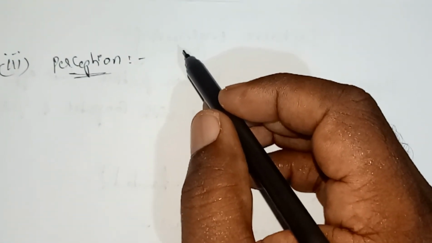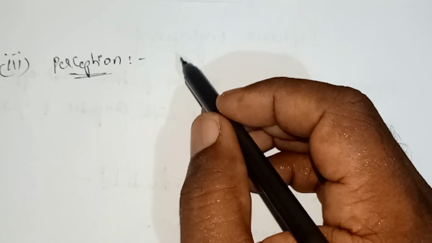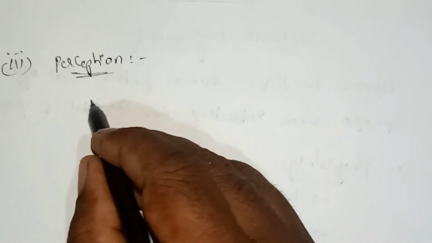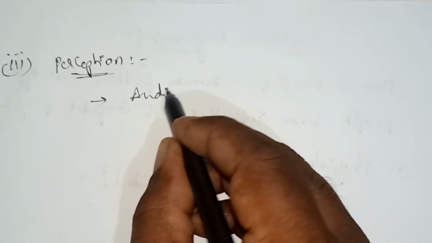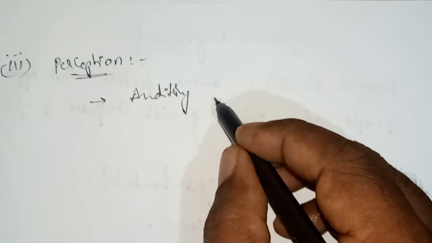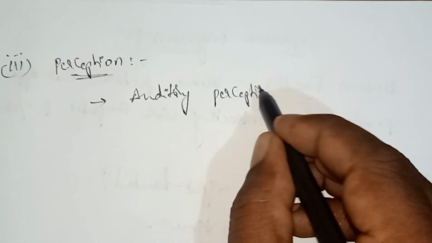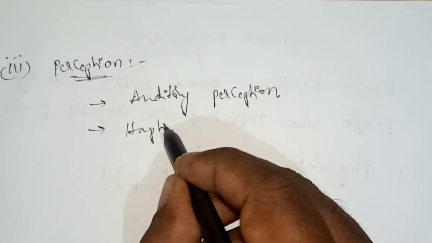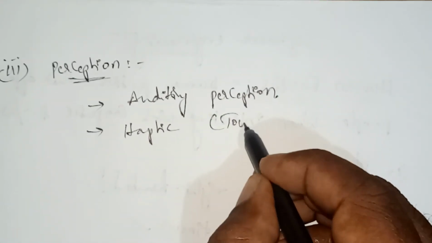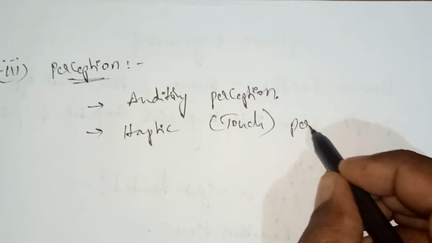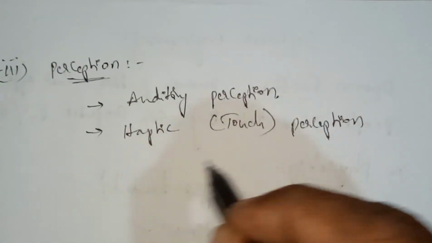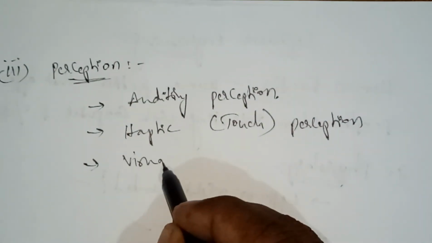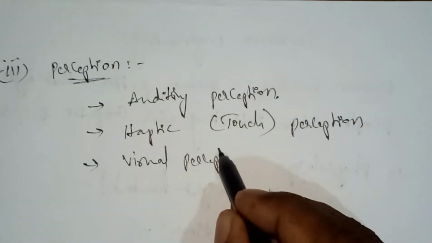Humans have different senses for input, like auditory perception, haptic, like touch perception, and visual, by seeing, visual perception.